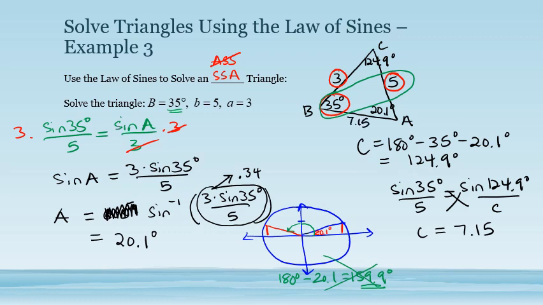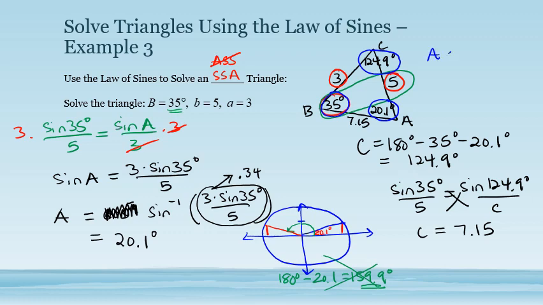7.15. And then, like I was saying earlier, always make sure that you check at the end that the relationship between your angles and sides are consistent. So what I mean by that is if I look at my angles, I've got 35 degrees, I've got 20.1 degrees, I've got 124.9.